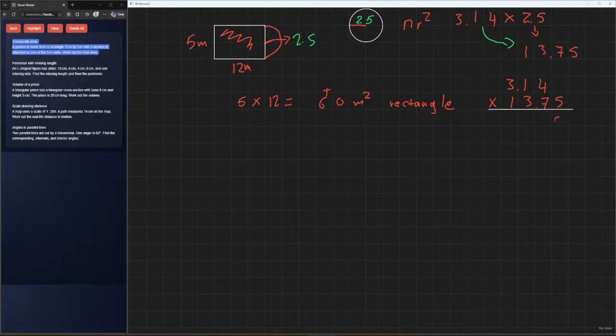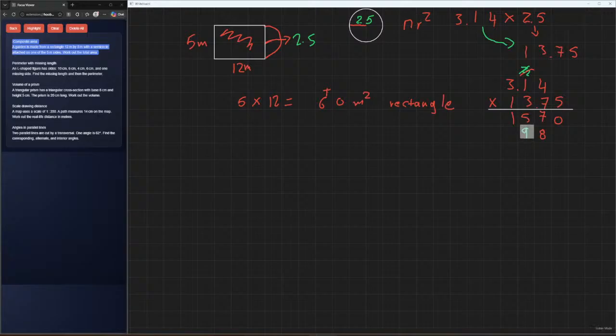5 times 4 is 20. 1 times 5, 5 plus 2 is 7. 3 times 5 is 15. 7 times 4 is 28. We hold 2. 7 times 1 is 7, 9.